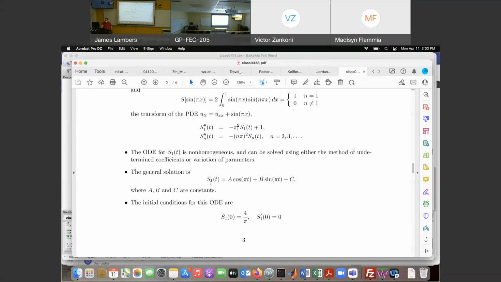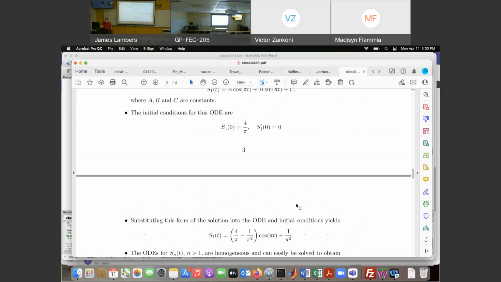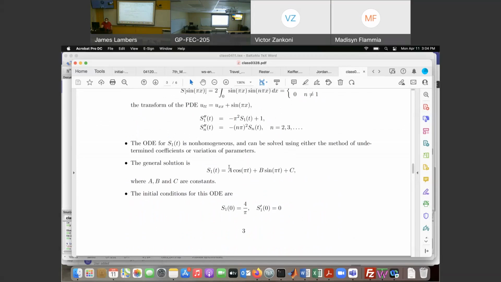Then you substitute this form into the ODE, and you solve for the unknown coefficients A, B, and C. That's what was carried out here. For this problem, I substituted this in here, and what you get on both sides is a function of t, and it has to be satisfied for all t.